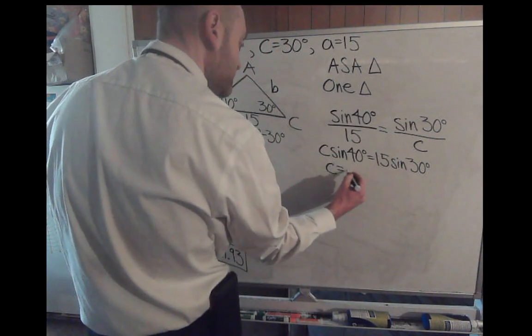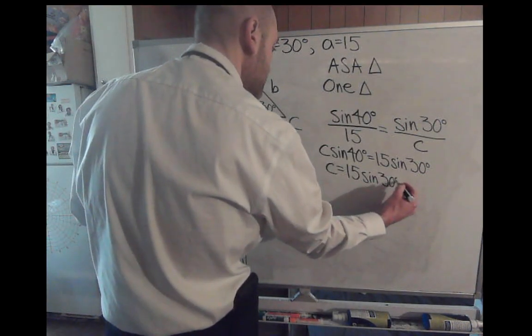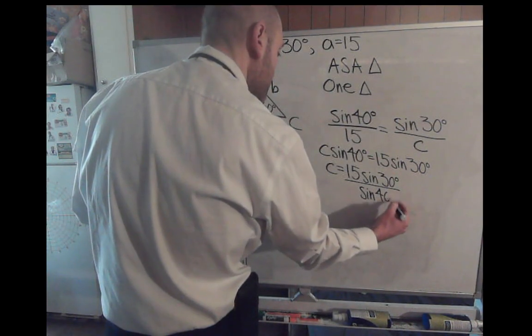So C is going to equal 15 times the sine of 30 degrees all over the sine of 40 degrees.